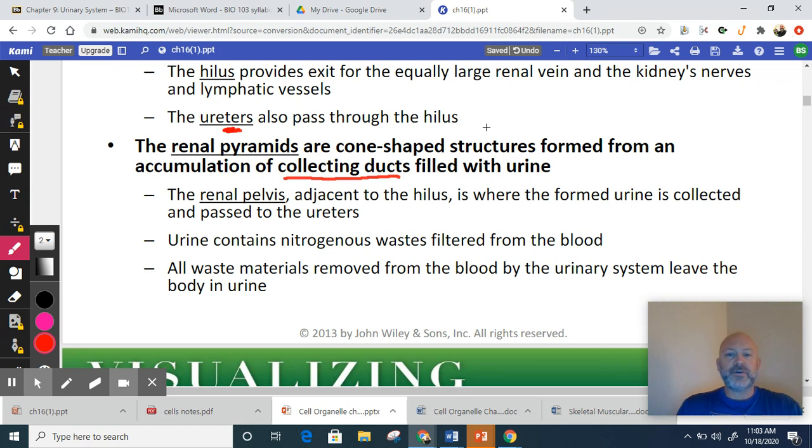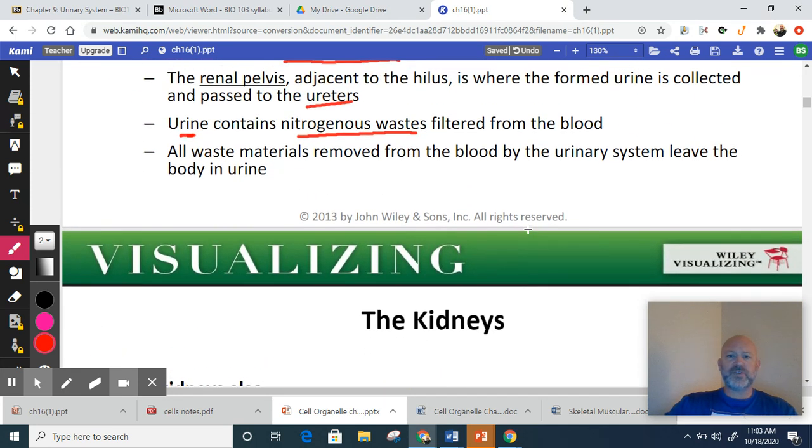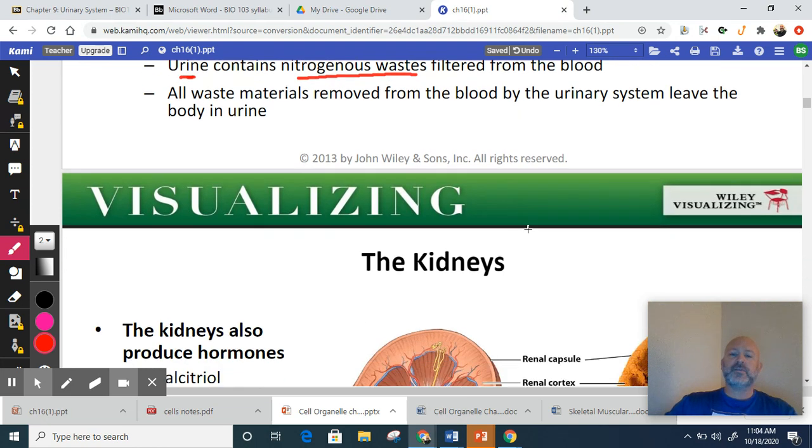Next to the hilus, we have the renal pelvis, and this is where all the collecting ducts converge to. It's through the renal pelvis that urine is collected, and then the urine would be transferred to the ureters. And what's inside urine? Well, urine has nitrogenous waste that have been filtered from the blood. So there's nitrogen-based waste in the form of urea that we need to have removed. All right, so all the waste materials removed from the blood are leaving the body in the form of urine.